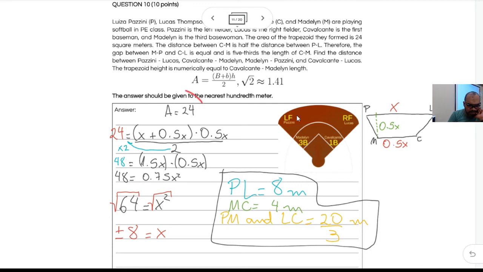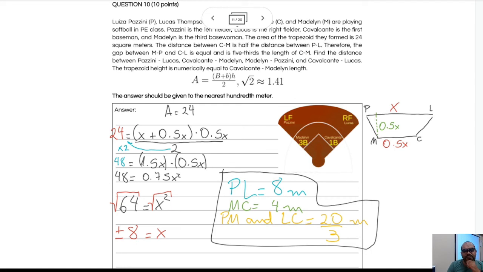The area is 24. Guys, one thing very, very important I would like you to do: draw, guys, draw. Always draw. Pazini Lucas's length is x, an unknown number.